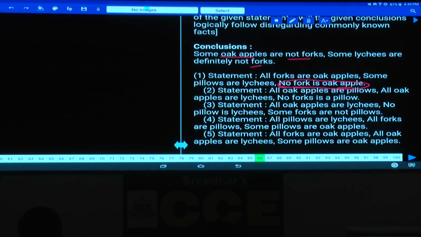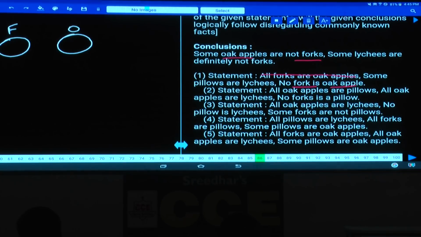Now, the first option I am checking. All forks are not oak. I will explain that one afterwards. What is the conclusion here? Some oak are not fork. That's what is given. The statement is no fork is oak. Forget about the first statement as of now; I am explaining only the third statement. No fork is oak apple, isn't it?